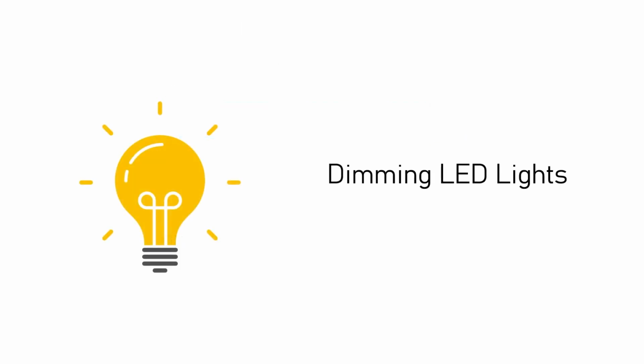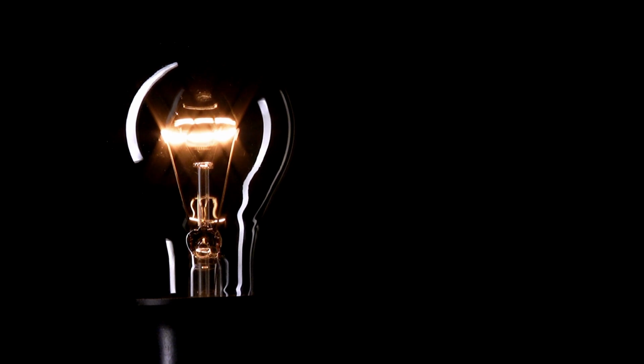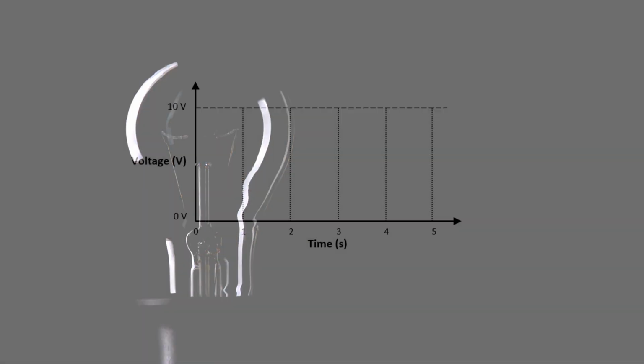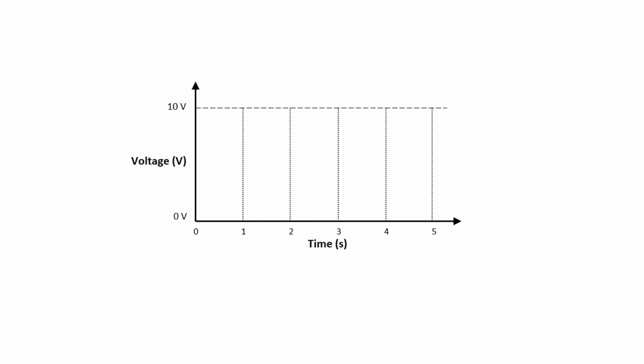This is used in an example of dimming LED lights. A PWM turns the power on and off very quickly, and the perceived output is changed by varying the duty cycle. It's how the signal is turned on versus turned off. So let's say you have a 10-volt LED light. When it's reading 0 volts, it's at 0% duty cycle.